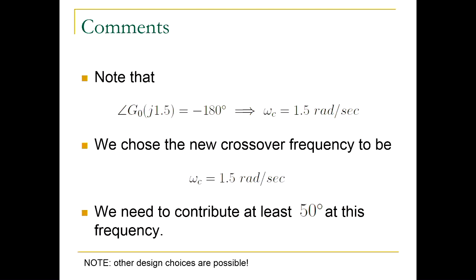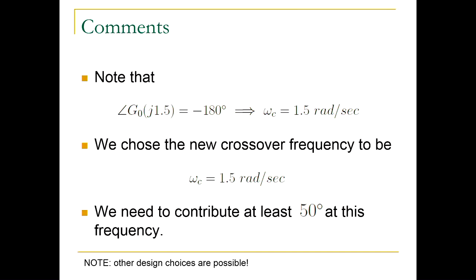All right, so the first step: in this case, the frequency at which we cross minus 180 degrees is 1.5. Ogata suggests we pick this frequency to be the new crossover frequency for the compensated system. We are trying to enforce this. So we need to contribute at least 50 degrees of lead at this frequency.